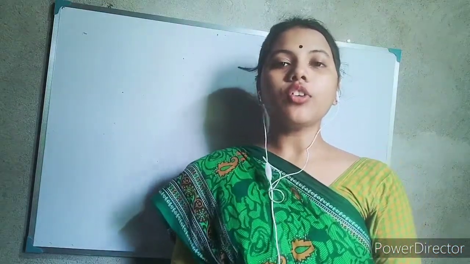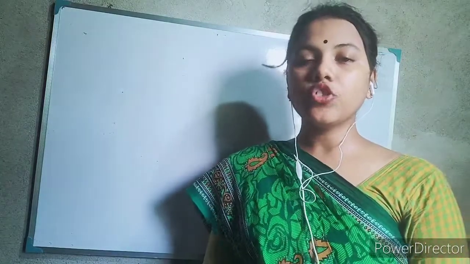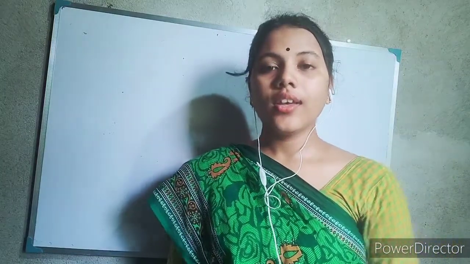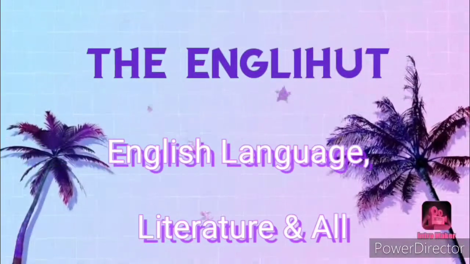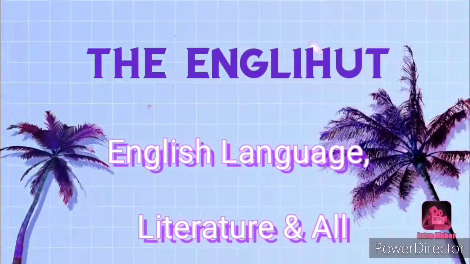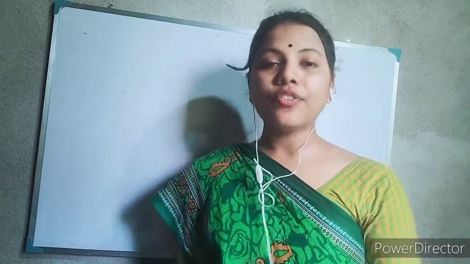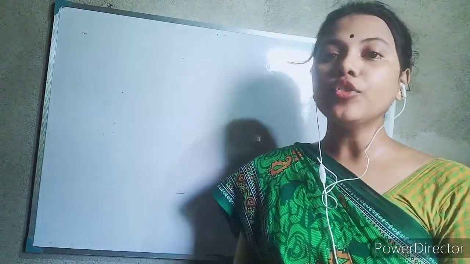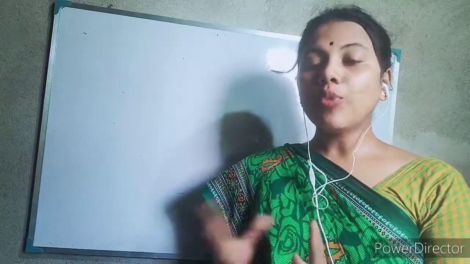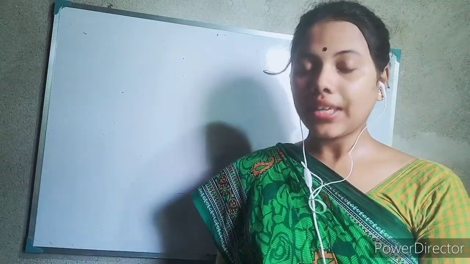Today we are going to talk about another important topic of English language, that is the case. Before going to know the different kinds of cases, we have to know the definition. What is case?